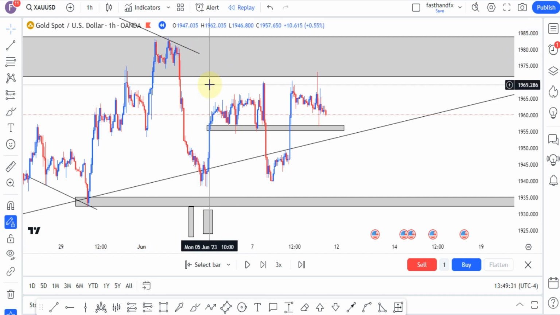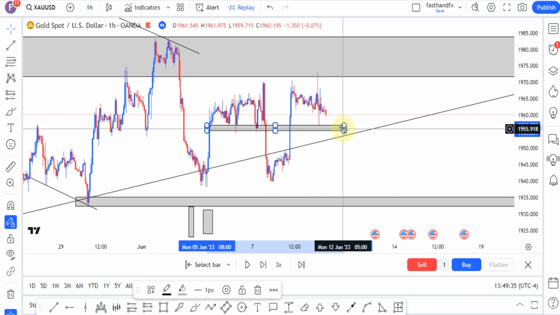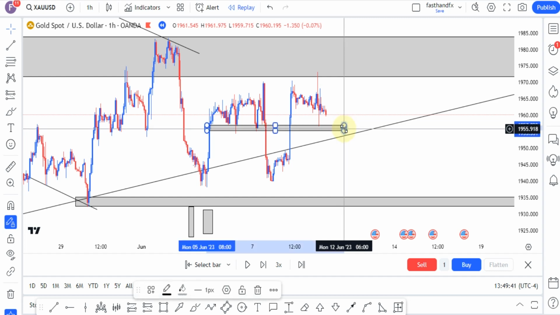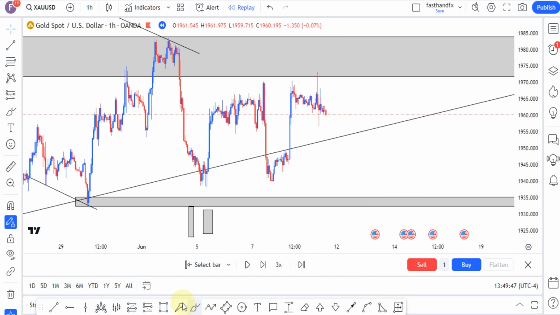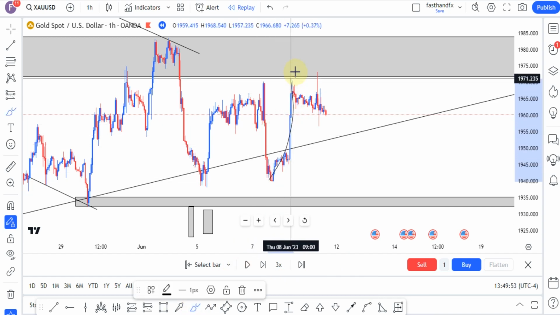So what's this? This is an impulse move to the upward. So this is an impulse move. We have that impulse move.